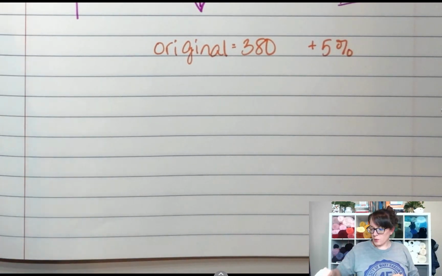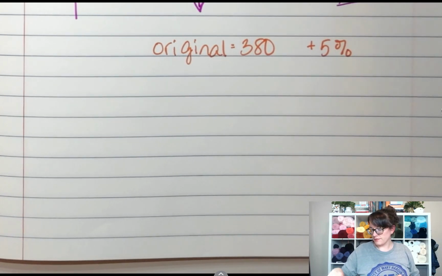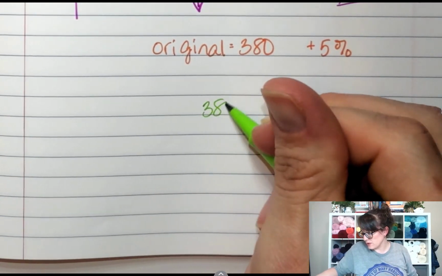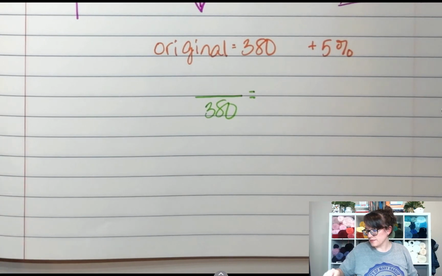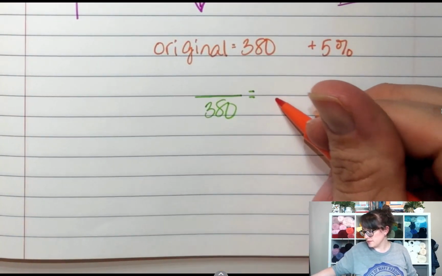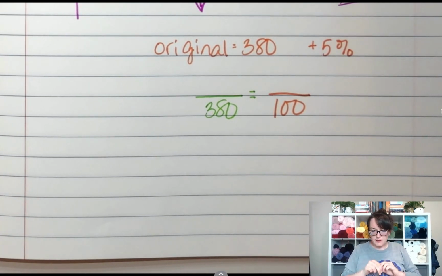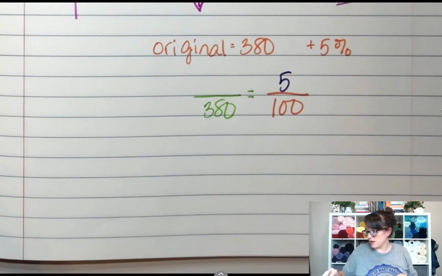If the original is 380, where does it go? The bottom left. What goes in the bottom right? 100. Do I know the percent? Yes, it's 5%, so I put the percent there. Do I know the change?